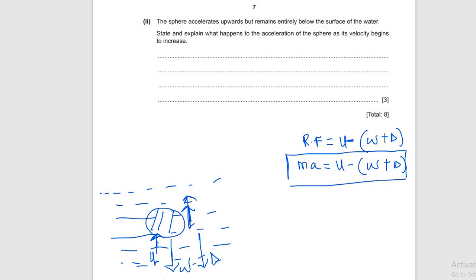It said, state and explain what happens to the acceleration as velocity begins to increase. Now there's a relationship between drag force and velocity. You are not supposed to know it, but just have it at the back of your mind. It's not compulsory that you cram this formula. The formula for drag force is half times the coefficient times density times A times V squared. So drag force is proportional to V squared.